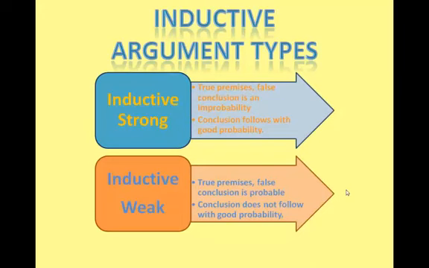The conclusion follows with good probability when the argument is inductively strong. When there is a weak link between the premises and the conclusion, a weak inference, it is probable that the conclusion is false. That is, the conclusion does not follow with good probability.